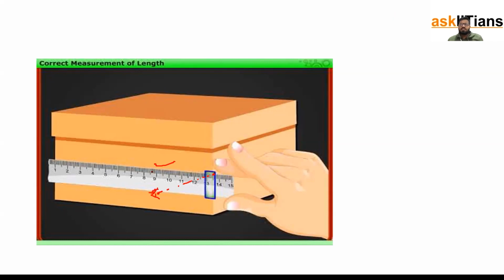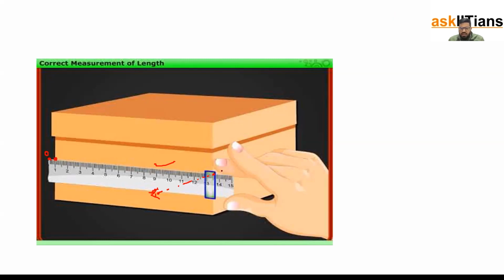The third point is that sometimes the end points of the ruler are broken. Suppose the end points of the ruler are broken. You cannot take the value from 0. Don't take the value from 0 centimeter because that part is broken. Rather, in this picture you can see the measurement has been taken from 1 centimeter.